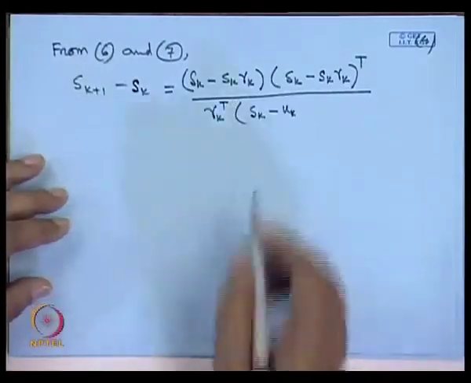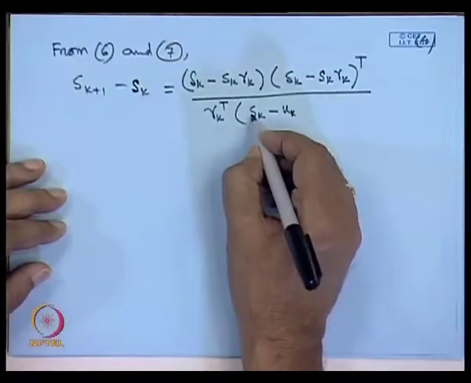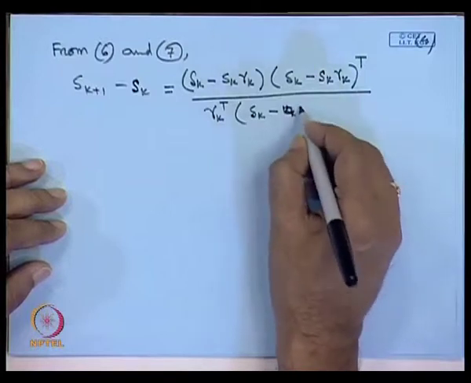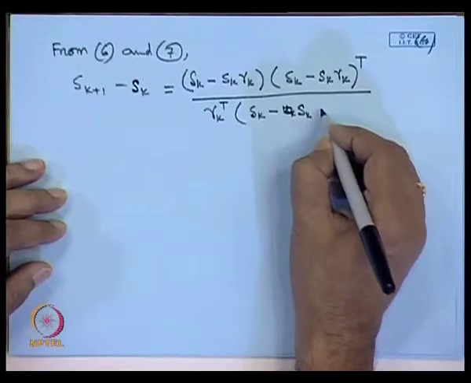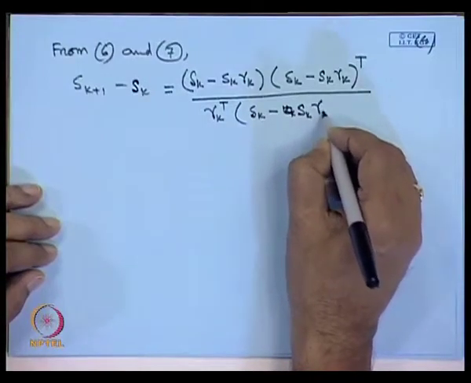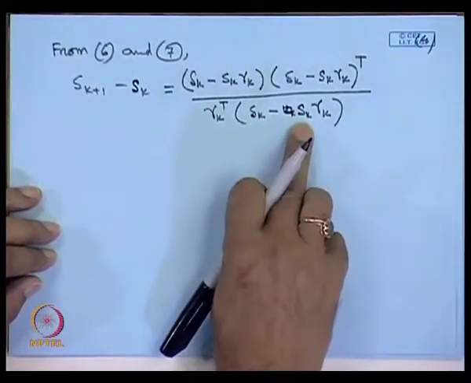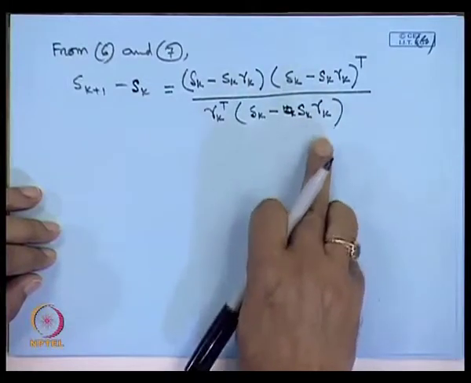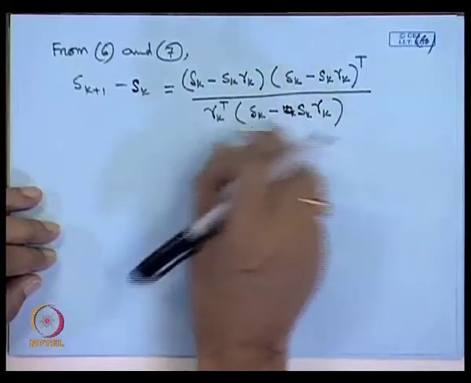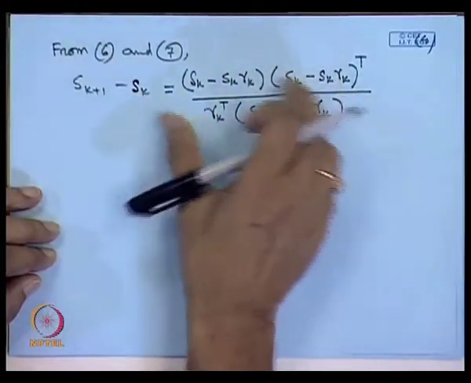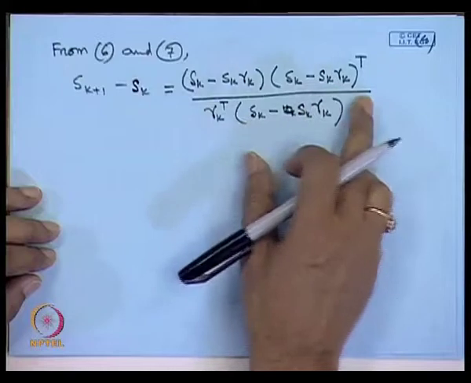So, this is x k, delta k minus x k into gamma k. S k is a matrix multiplied by a column vector, which is a vector. So, vector minus this vector, multiplied by another row vector, gives a scalar quantity. So, this I can write.